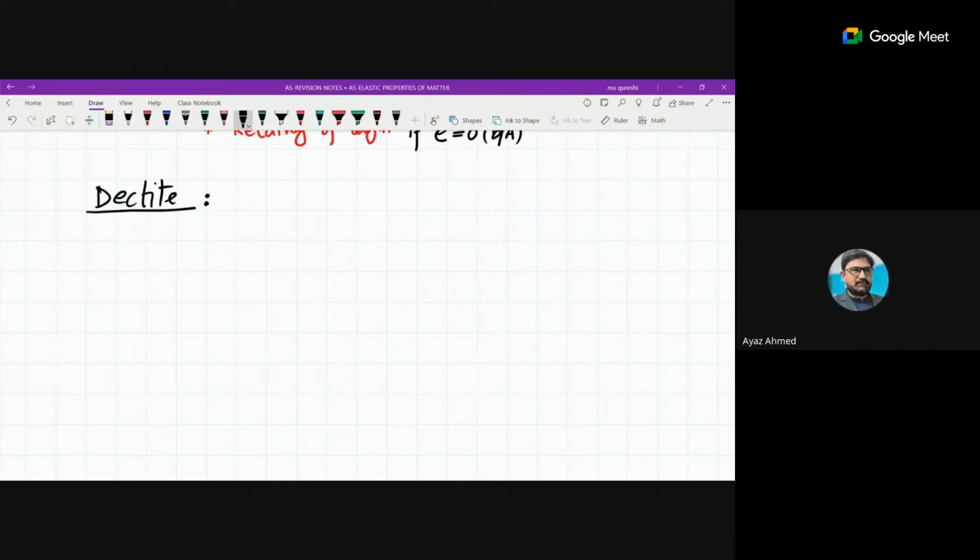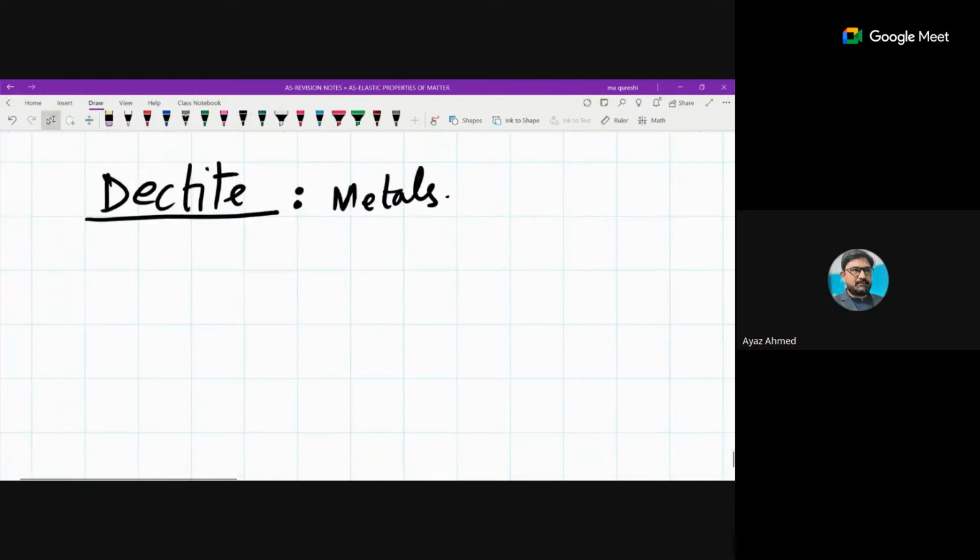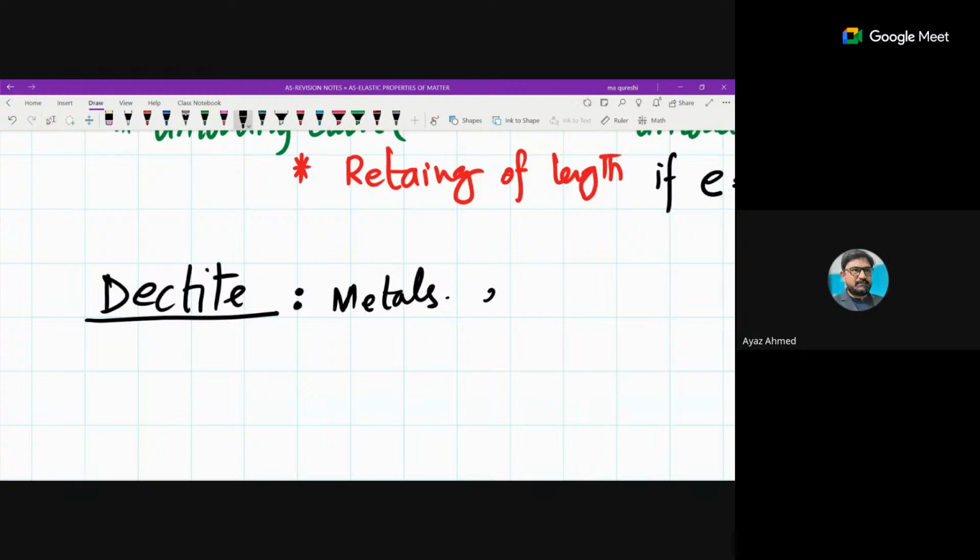Examples of ductile materials are all metals. They are easy to shape and deshape.